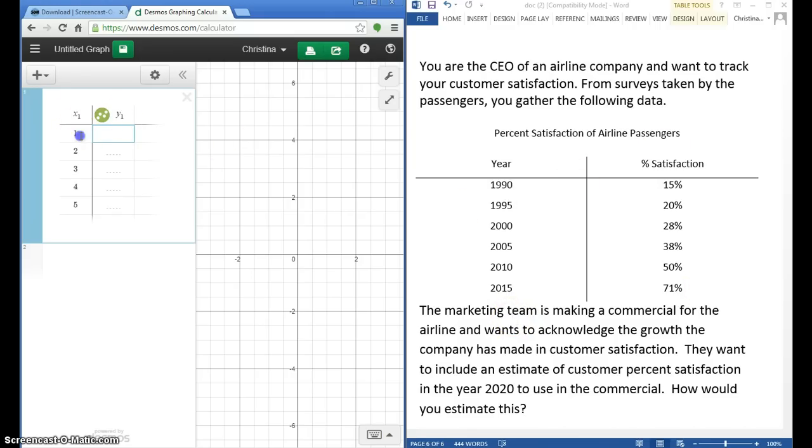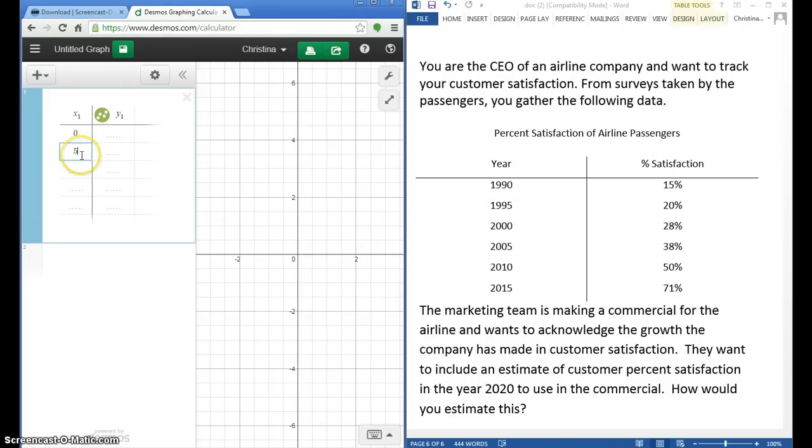So my x values, I'm going to delete these because they're not 1, 2, 3, 4, 5. My x values start at 1990. Now I'm going to say that I'm going to start x at 0, so this is years after 1990. So if I'm starting at 1990, I'm starting at 0. That means 1995, 5 years have gone by.